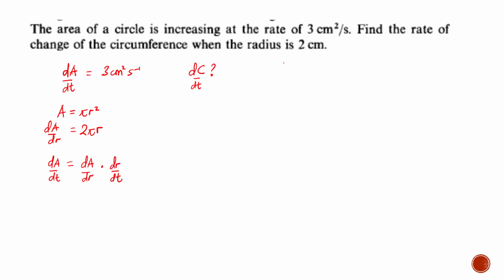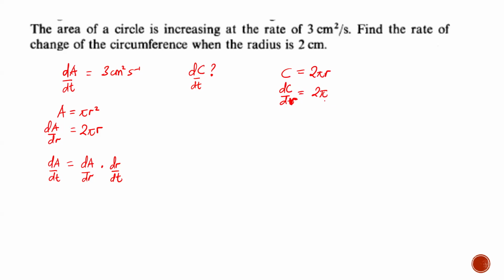Now, let's come to the side of the circumference and see what we need. We know that circumference is equal to 2 pi r, and so dC/dr is equal to 2 pi.